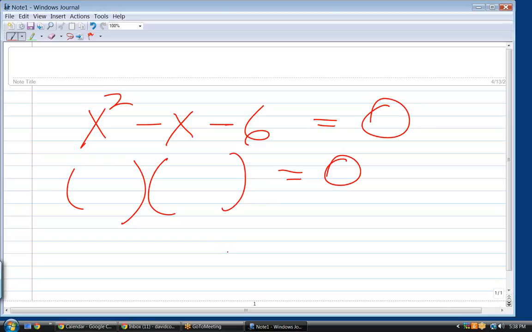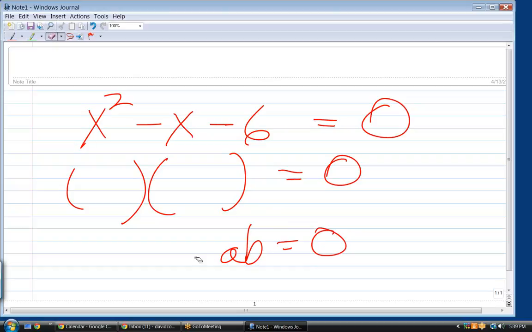If I tell you that A times B equals 5, you can't solve for either A or B. But if I tell you A times B equals 0, well, the only way that can be true is if A is 0 or B is 0.